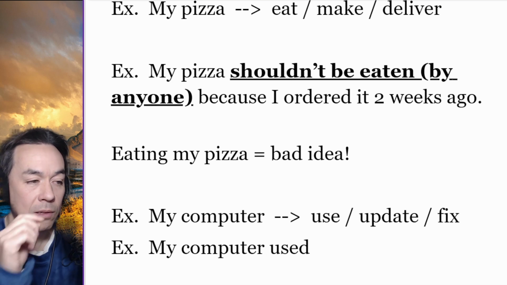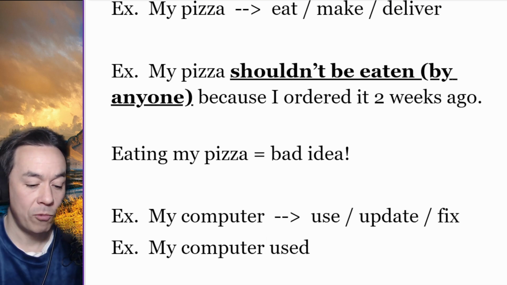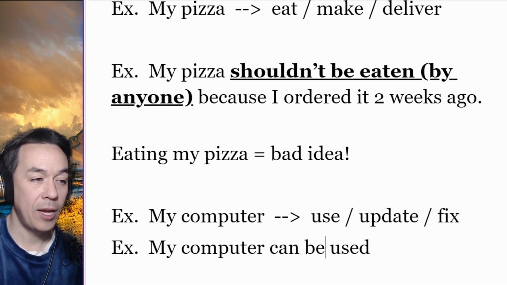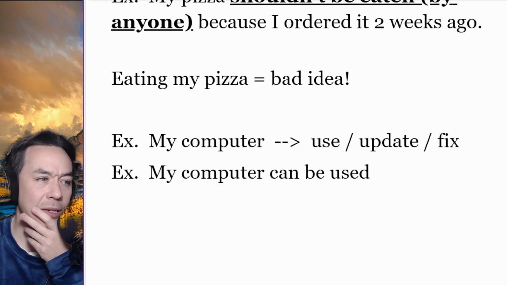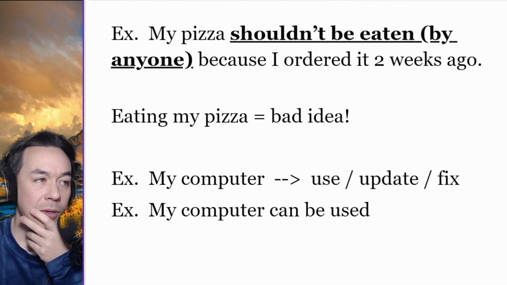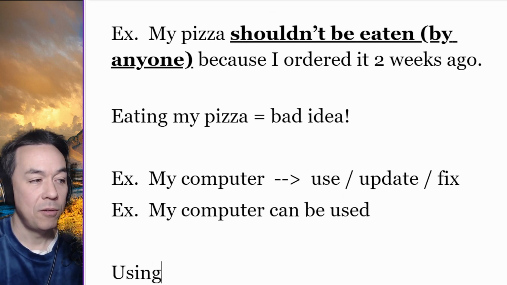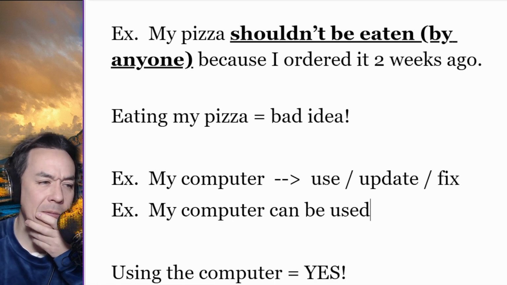So what should we use? Let's say can be. My computer can be used. Okay, we did shouldn't here. You say can be used. Okay, but all that means is using the computer is yes.